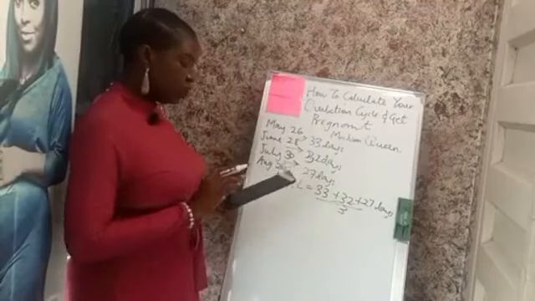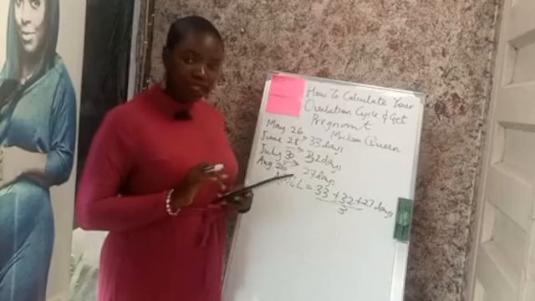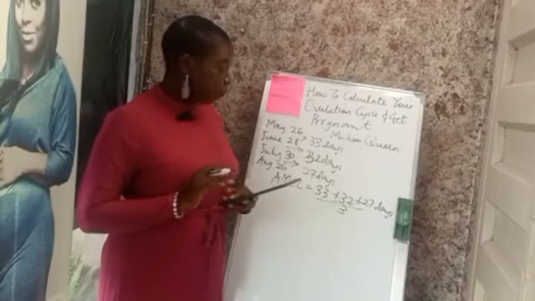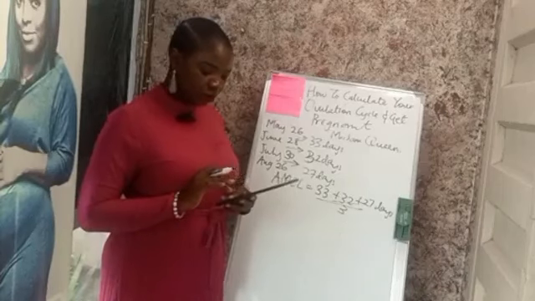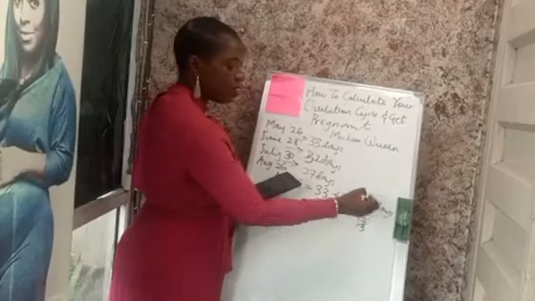So what will this give us? Go to your calculator. We're going to have 33 plus 32 plus 27. You have 92 divided by 3.